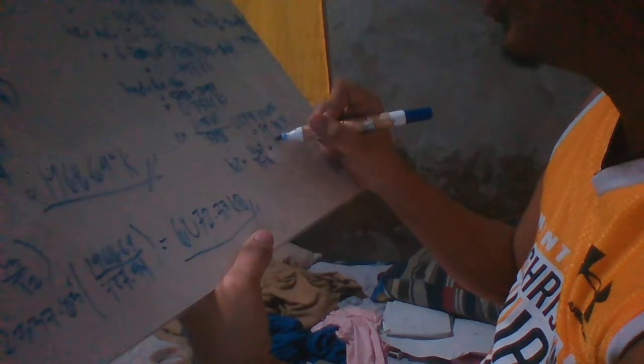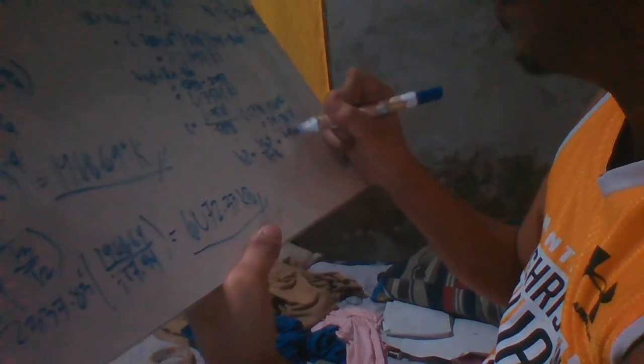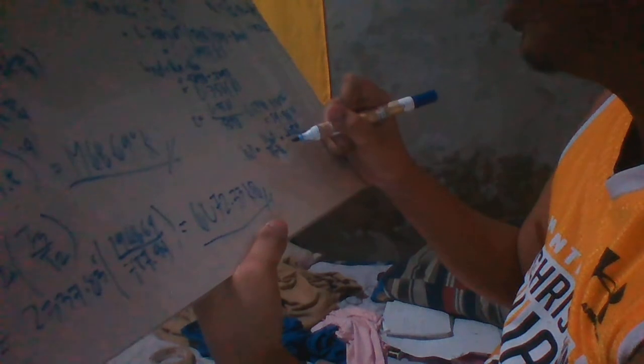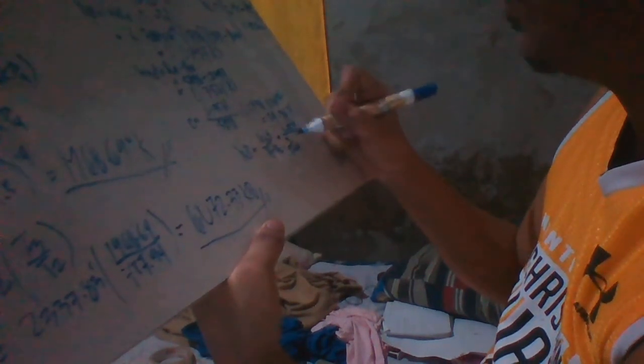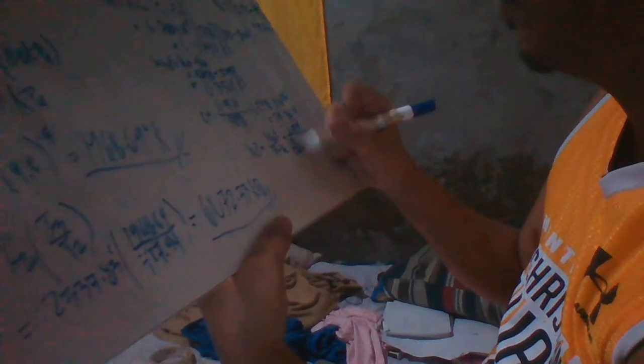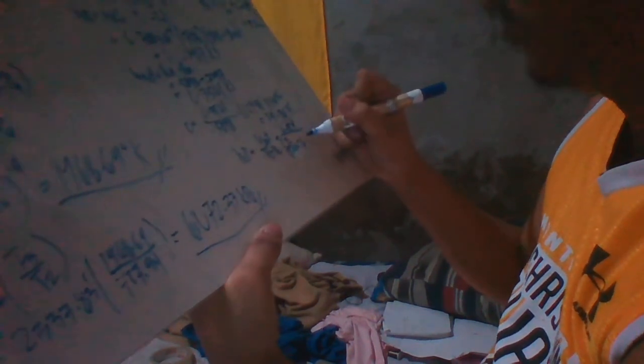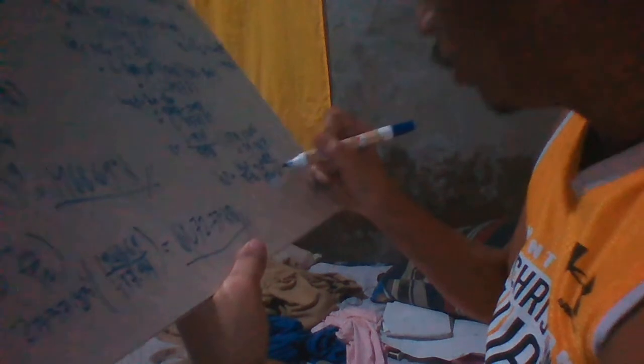Mean effective pressure is equal to work net, 0.3501, over V1, 3 over 5,000, minus V2, 6.316.